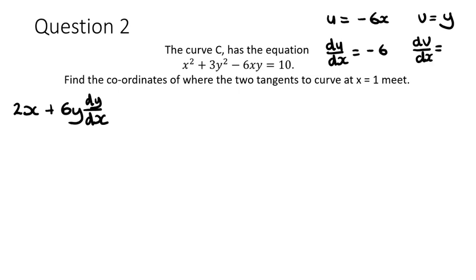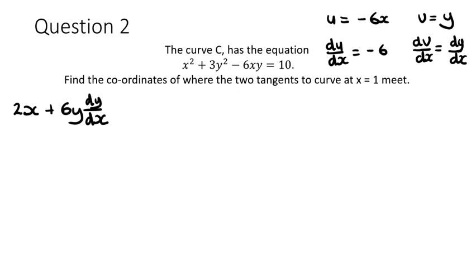I'm going to differentiate y with respect to y, which would just give me 1, but because I'm still doing implicit differentiation, I need to times that by dy by dx. So that becomes 1 times dy by dx.